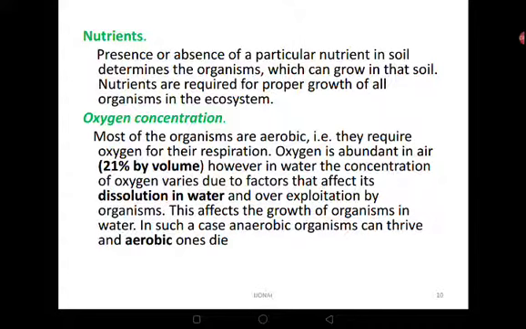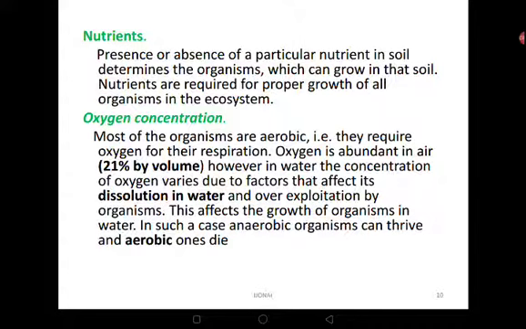The presence or absence of nutrients, or a particular nutrient in the soil, determines the type of organisms which can grow in that soil. Of course, we know some of the important nutrients include nitrates, for example, in the soil. We know phosphates and sulfates are very important for the growth of the organisms. Absence or presence of this affects the growth, either positively or negatively.